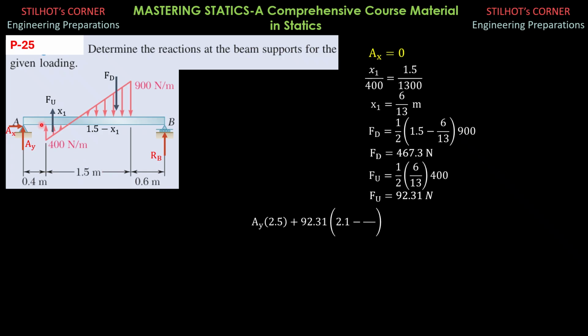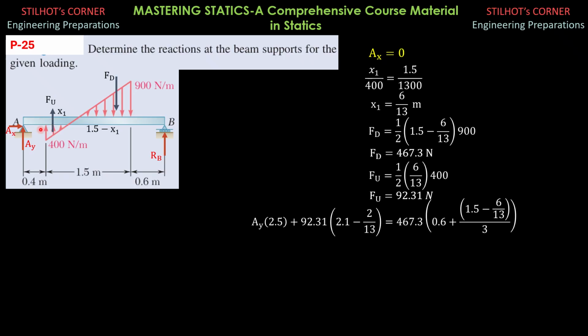Plus F upper, 92.31, times its moment arm from B, which is 0.6 plus 1.5, 2.1, minus 1/3 of x1, which is 2 over 13.